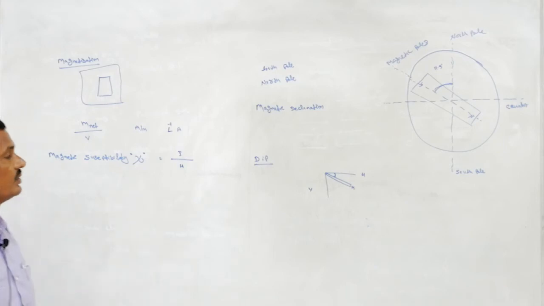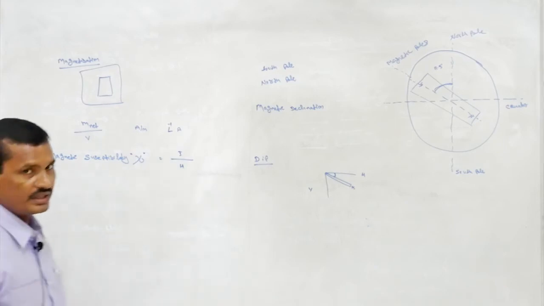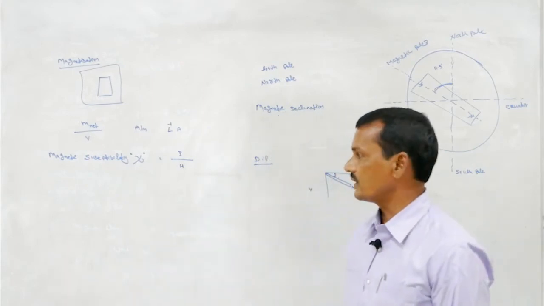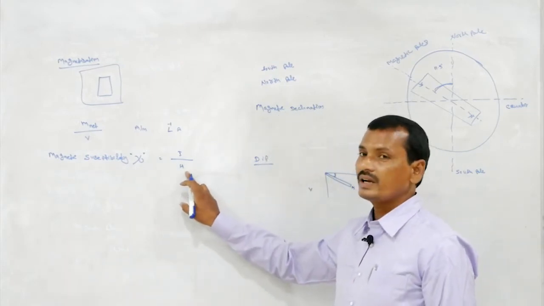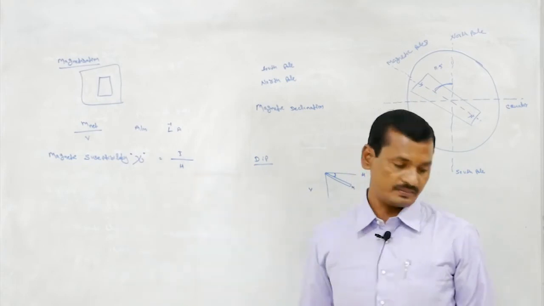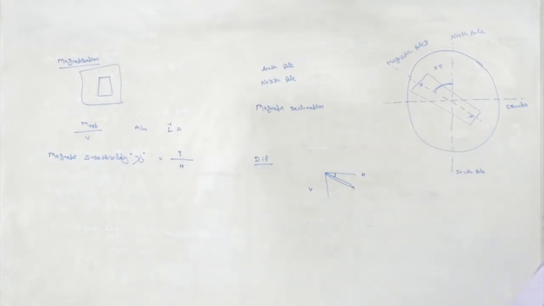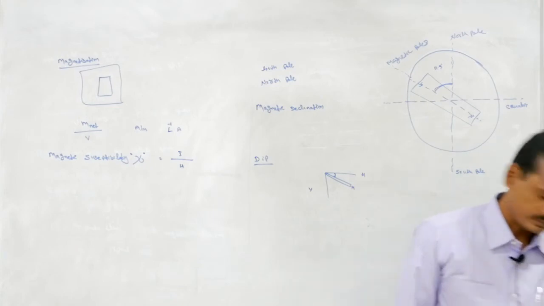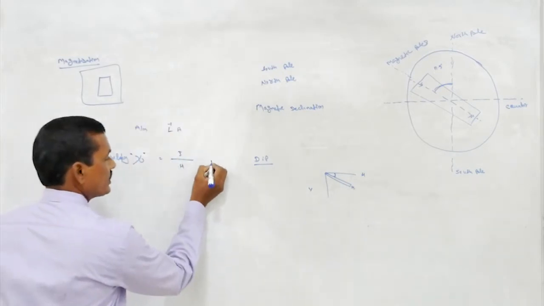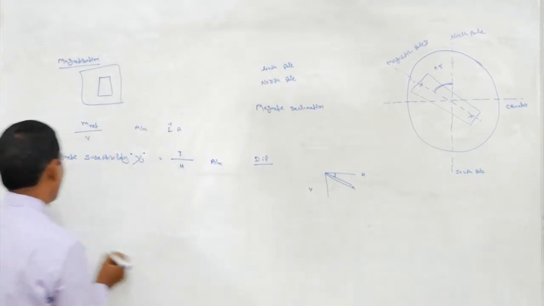Chi equals I by H. Chi is the ratio between the magnetization of a sample and the applied magnetic field. Units is ampere per meter.